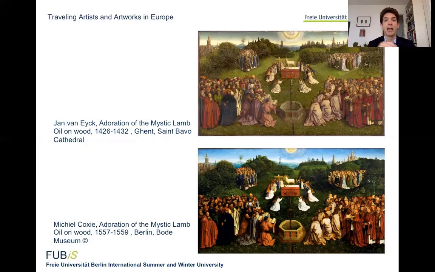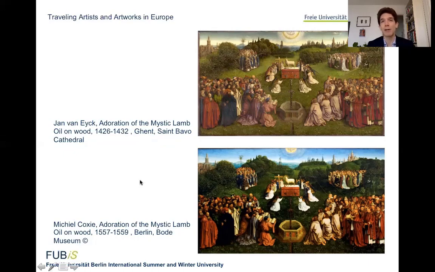And this is exactly what Philip II asked of Michiel Coxcie, a famous artist of the Netherlands of the second half of the 16th century. And this copy of part of the paintings is now in Berlin at the Bode Museum.